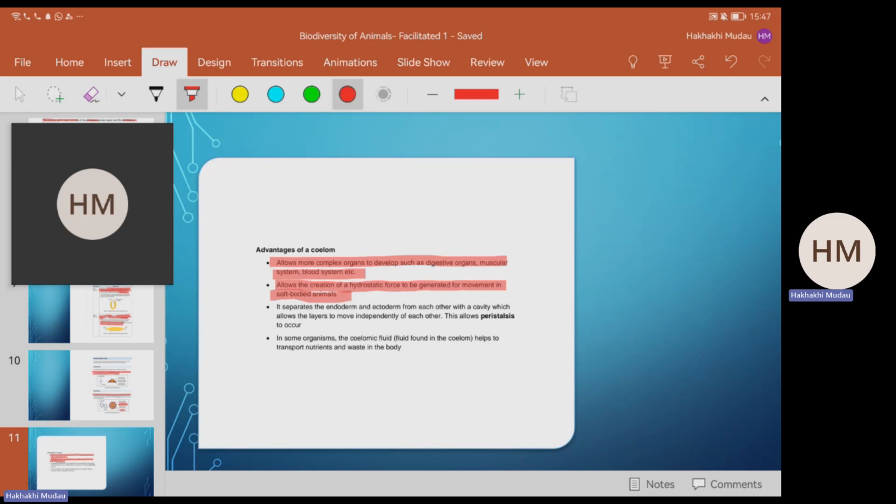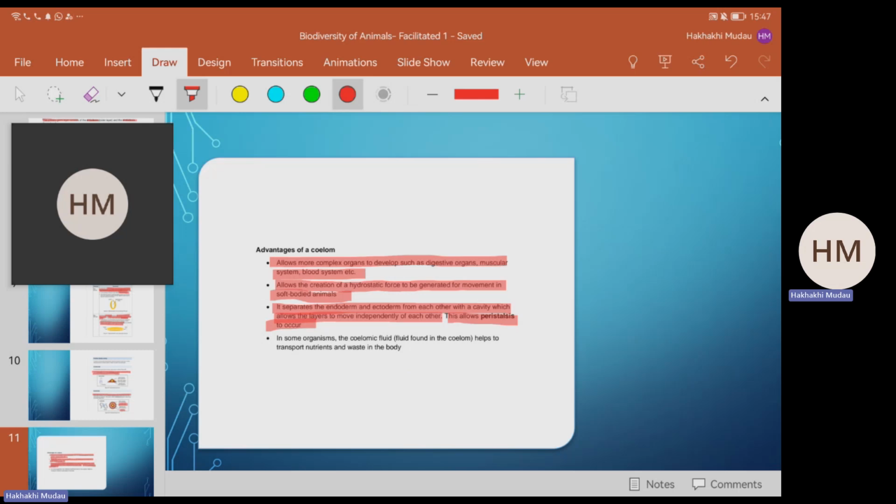This coelom also separates the endoderm and the ectoderm from each other with the cavity, which allows the layers to move independently. This allows peristalsis. I explained to you what peristalsis is. As we know, the mesoderm gives rise to other complex organs. Having the coelom enables the organs to move independently of each other.